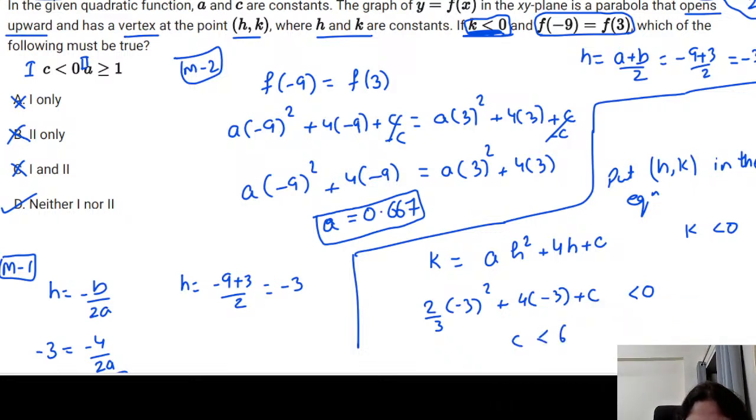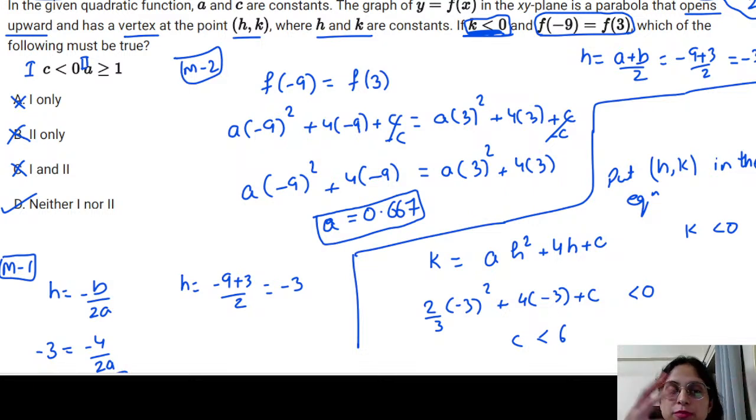Yeah, I'm going to hide myself so that you can see the entire solution. So basically what I'm doing, I'm first finding the value of a, and once I have a, then I'm finding a situation for c based on the fact that k is less than 0. And how am I finding a? There are two methods. I am finding the axis of symmetry from the standard form, negative b over 2a, and from the fact that two y values are same, so from there it will be in the midpoint.